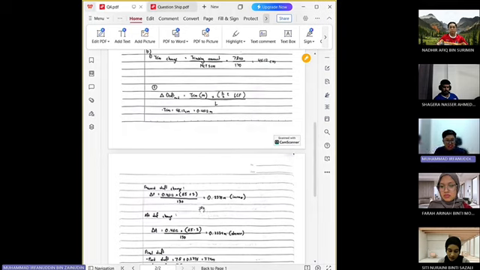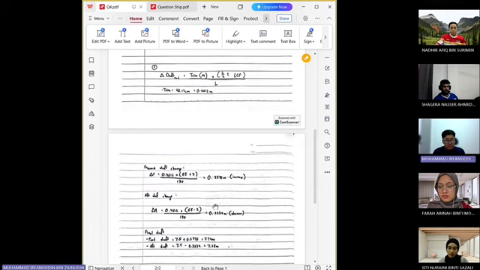And divide with 130 equals 0.2376 meter, which is the increase in draft for the forward.